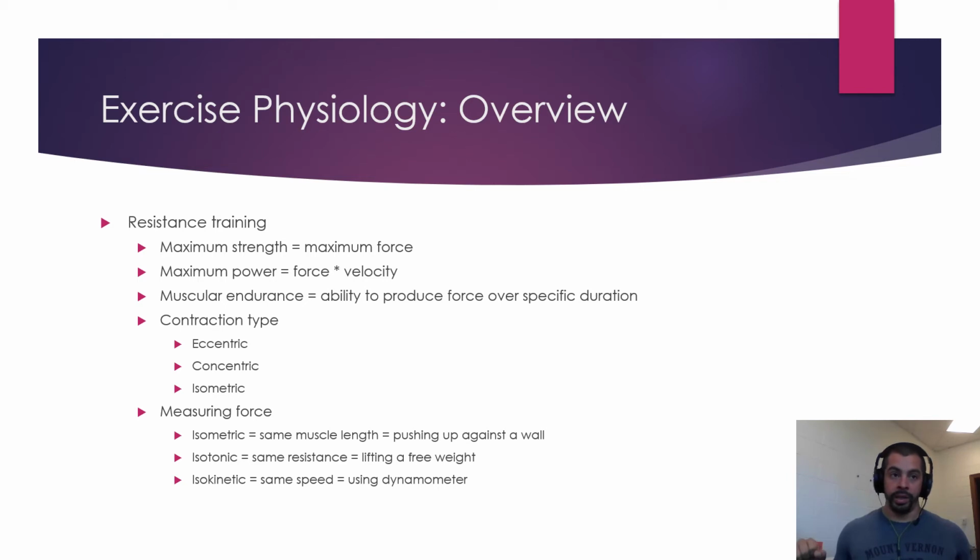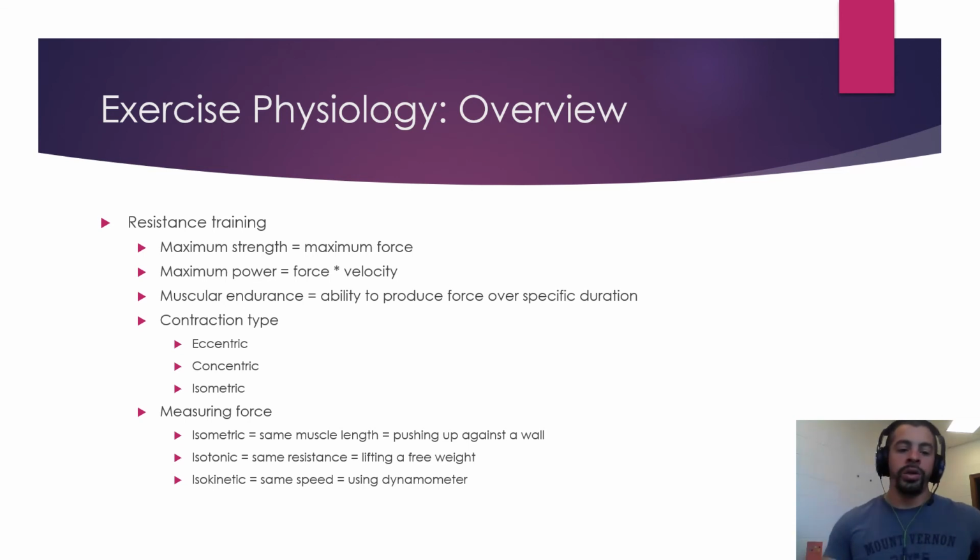Remember Newton's laws: for every action there's an equal and opposite reaction. So as we're pressing up against something, the muscle fiber length is not changing, but we're pressing at maximal intensity. That's an isometric. If our muscle is not changing length while we do a movement, that's isometric.